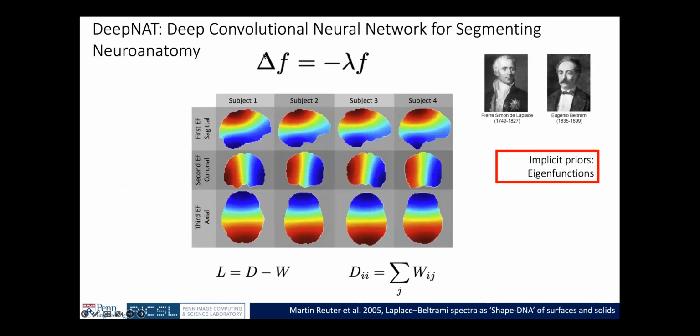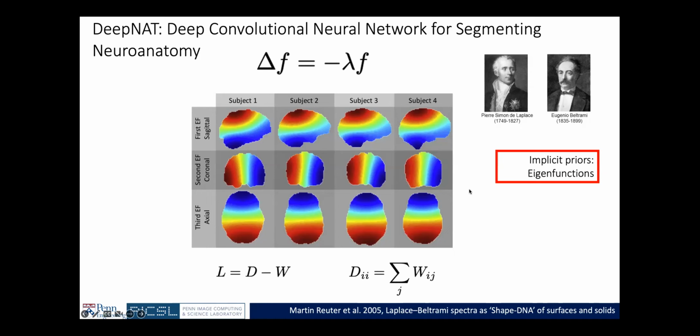So delta F is the Laplacian. If you compute its eigenvalues and eigenvectors, those eigenvectors in non-Euclidean geometry are called, let's say, eigenfunctions. So this is how an eigenfunction looks. Take your segmentation, convert it into a mesh, and get these eigenfunctions for that particular subject, right?